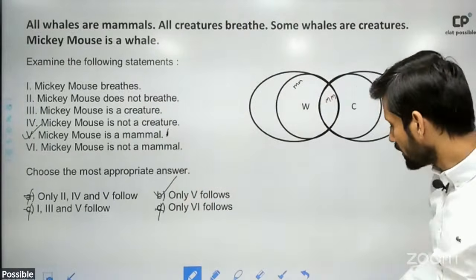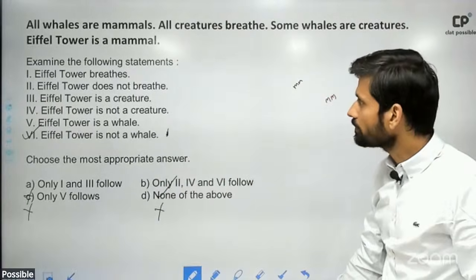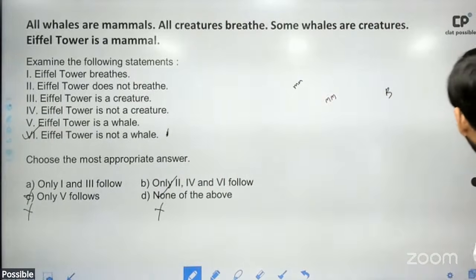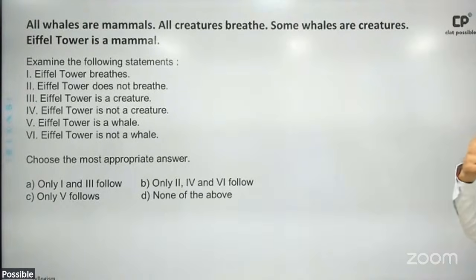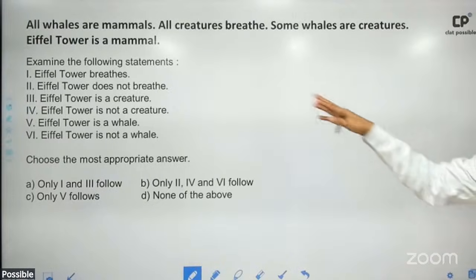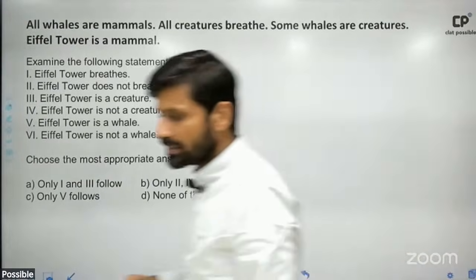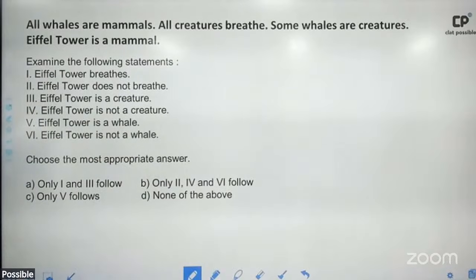So even in this, we have another question, right? So the diagram will remain the same, and just check, the diagram will remain the same.